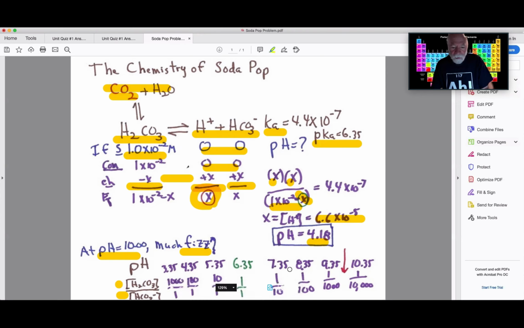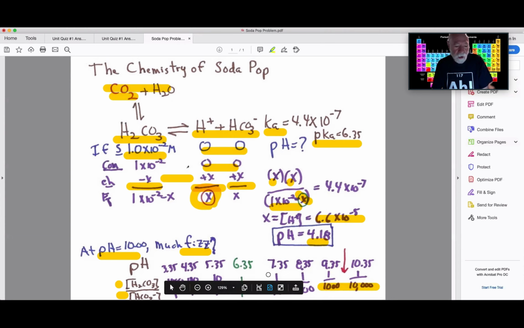Then I went to 8.35, 1 to 100, 9.35, 1 to 1,000, then 10.35, 1 to 10,000. Notice we can't get the exact answer, but we get an estimate. I made a red arrow where the pH of 10 would be, and you mainly have a lot of base. So it's more basic at a pH of 10.35, which is bad in terms of fizz. It's not going to be very fizzy at a pH of 10.